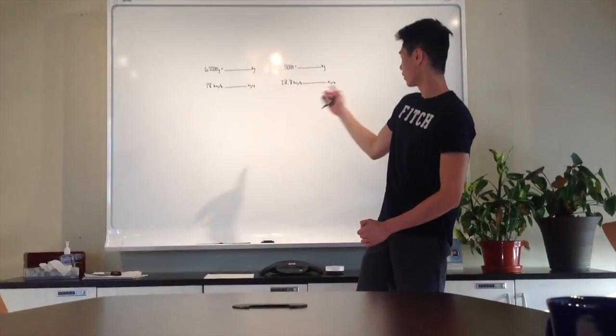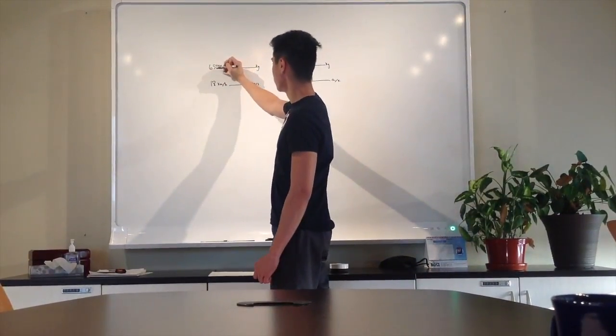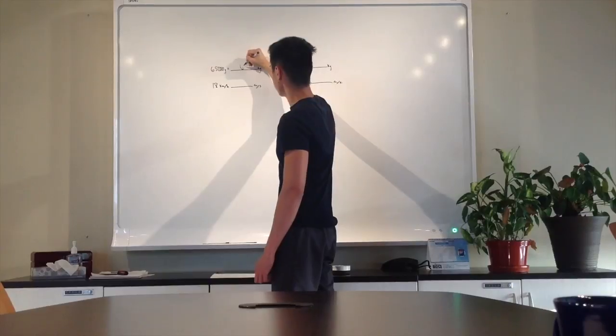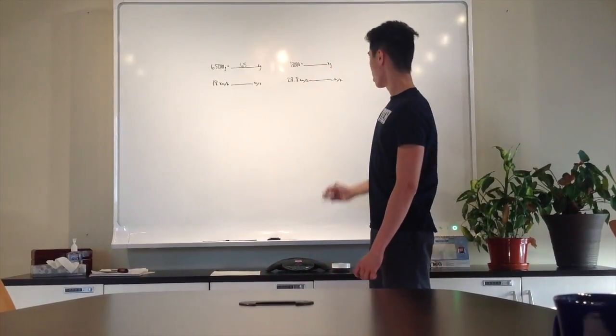We're going to convert the following: 65,000 gram. If you move the decimal 3 times over, it'll be 65 kilograms. Same thing over here, 18,000 grams.